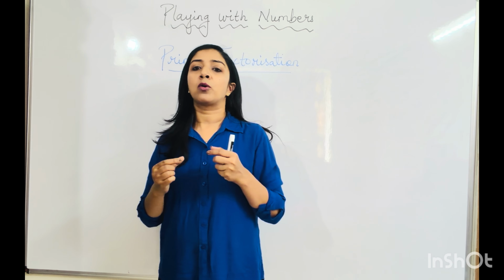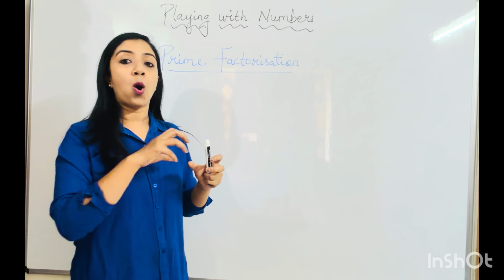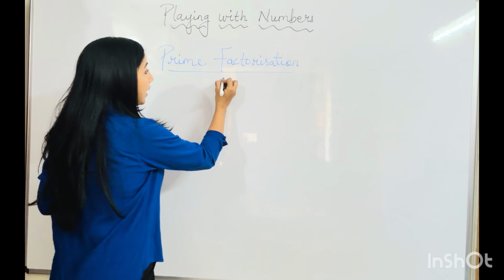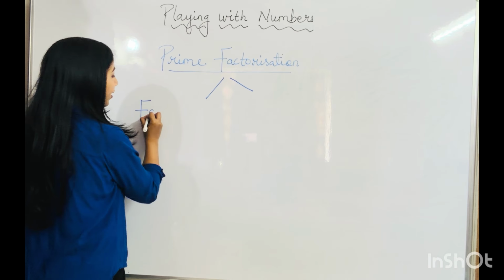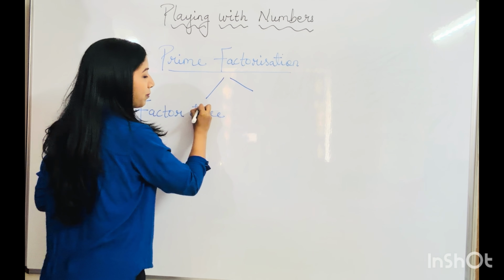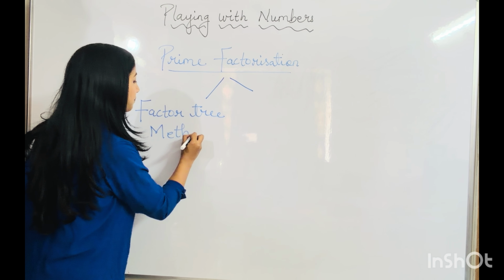So here we are going to break a number in such a way that we get all the numbers as prime numbers. For that we will use two methods. The first method will be the factor tree method. This is a very interesting method, one of my favorite methods.